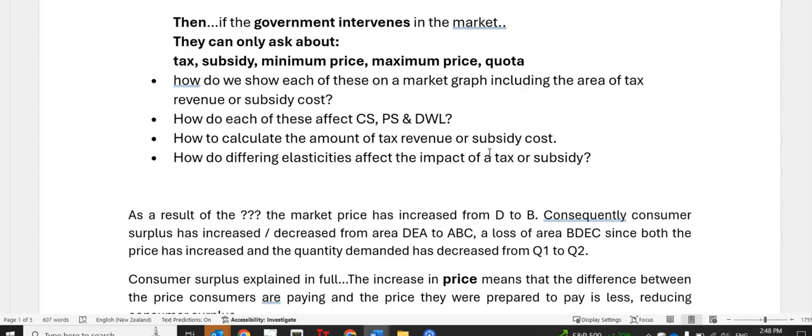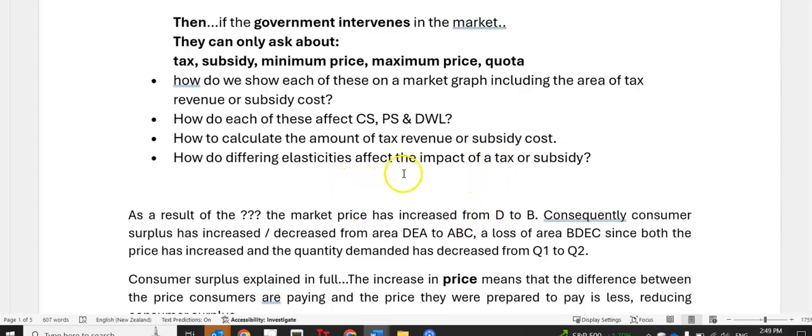And after that, really, they usually give you the graphs, and you can just follow the graphs. What's happened to consumer surplus? What's happened to producer surplus in a market with elastic demand or inelastic demand? I guess they could ask one with inelastic or elastic supply, but that has yet to come up in NCEA.